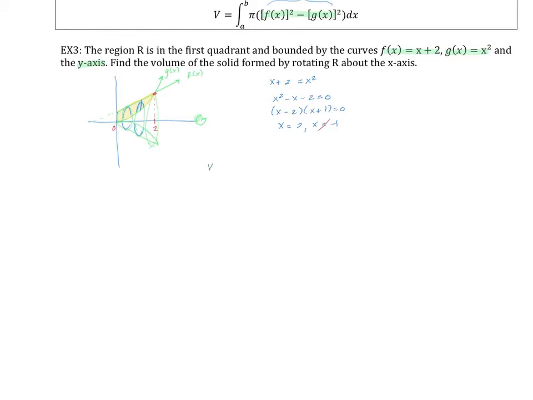And our volume will be the integral from 0 to 2 of pi. We're going to take the upper function, the line x plus 2, square it, and subtract the lower function, x squared, squared, and then integrate with respect to x.